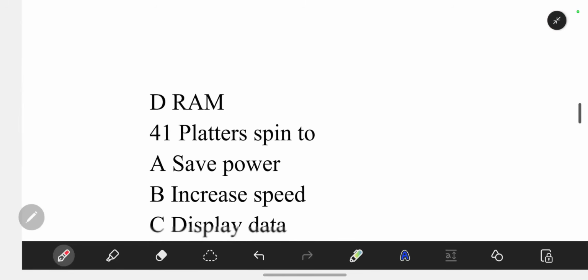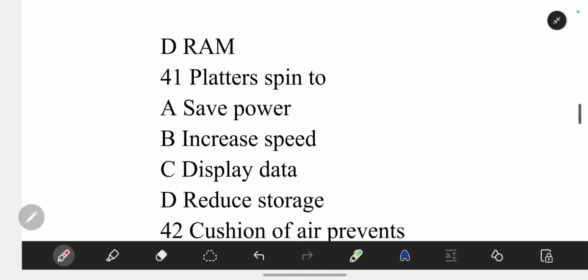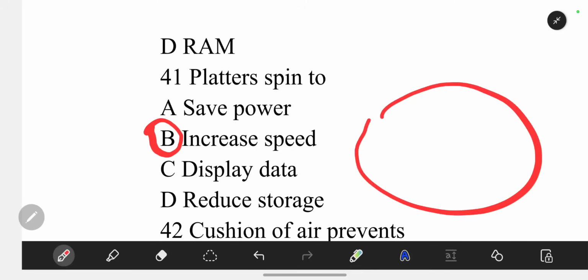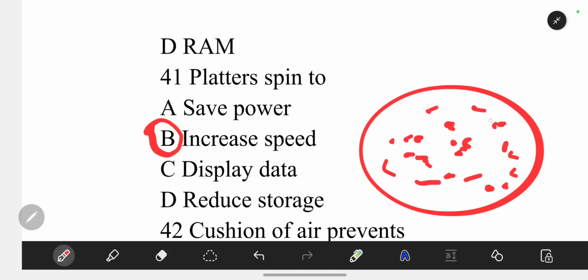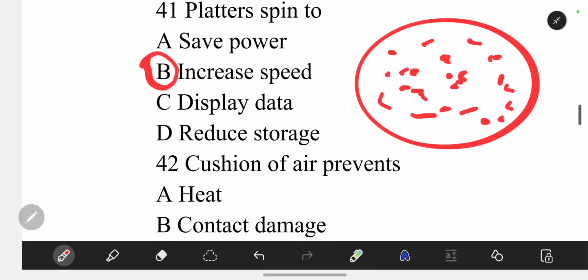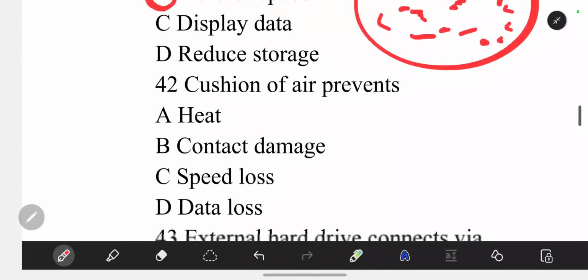When we look at our platters, they spin to increase the speed of access time, so that information on the hard disk, which stores data, can easily be accessed at a very fast rate. That is what we call reading. When we look at number 42, it says that a cushion of air prevents contact damage.